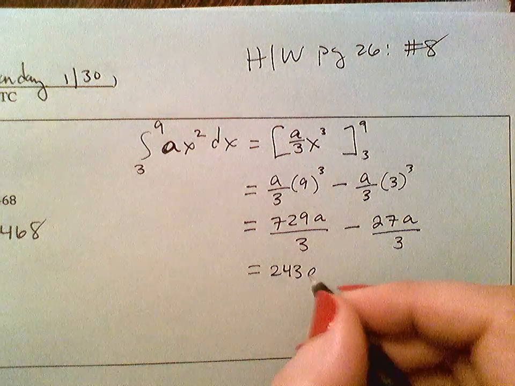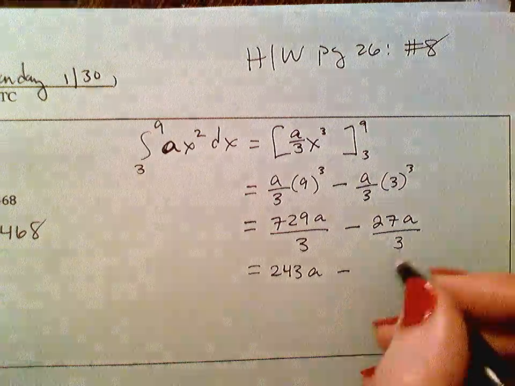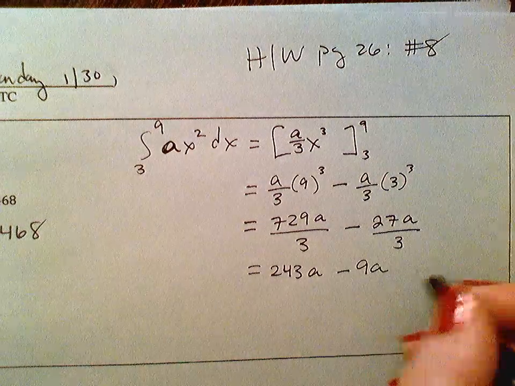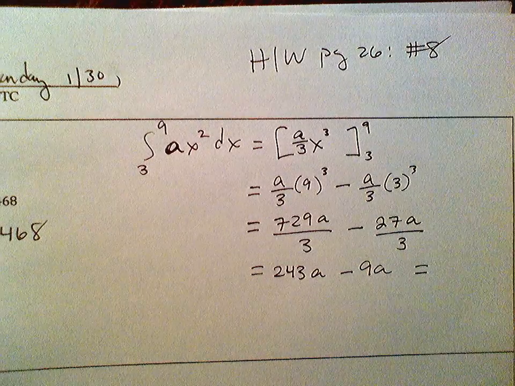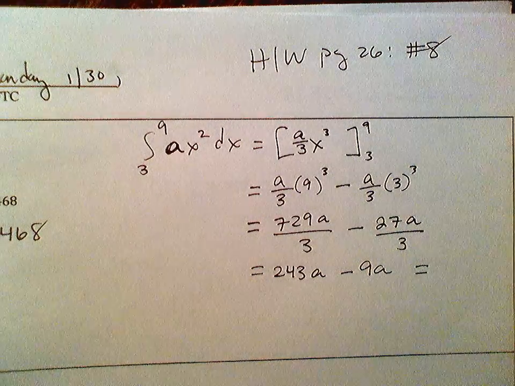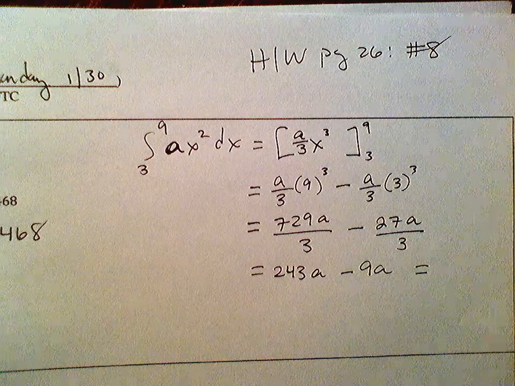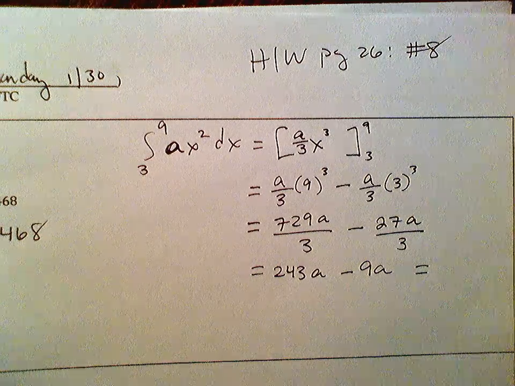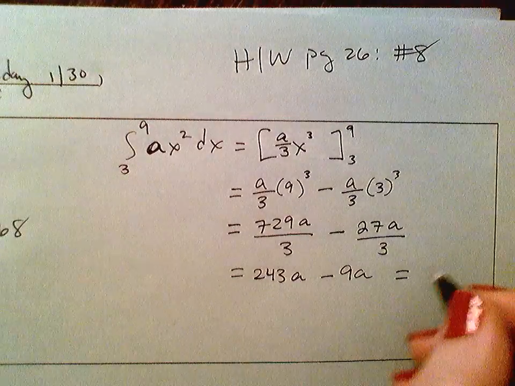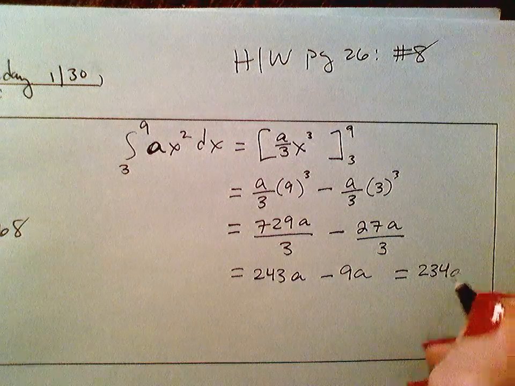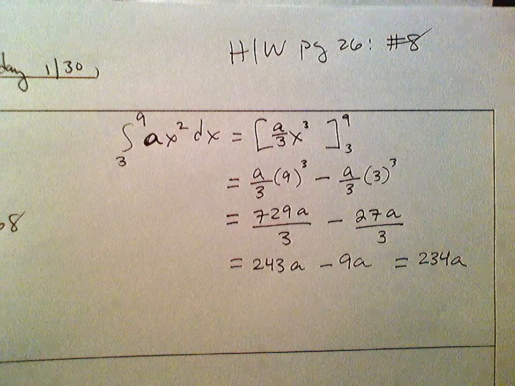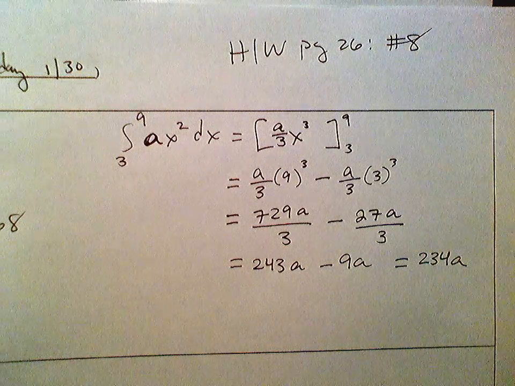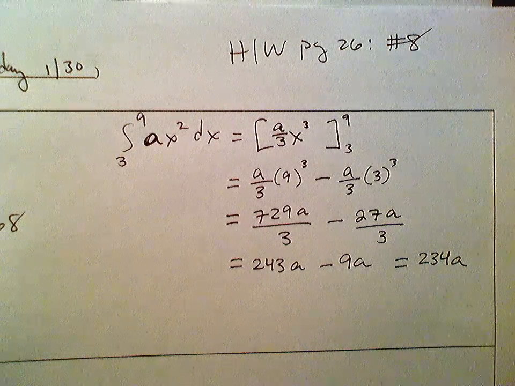Please comment below if I'm wrong. 243a minus 9a. And 243 minus 9 is 234a, because minus 3 would be 240, and then minus another 6 would be 234.